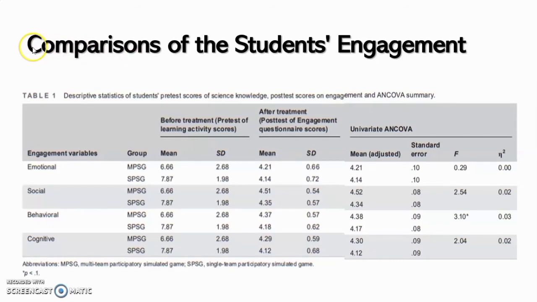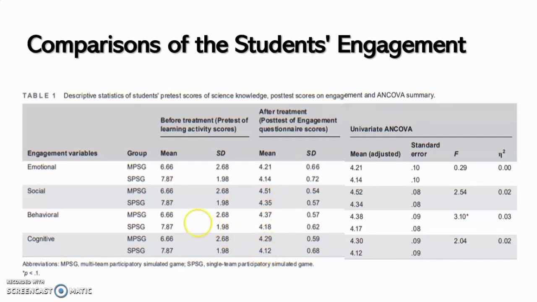Results. First, comparisons of the students' engagement. Table 1 was an ANCOVA analysis using the pretest of learning activity scores as covariate and the post-test of engagement questionnaire scores as dependent variable.